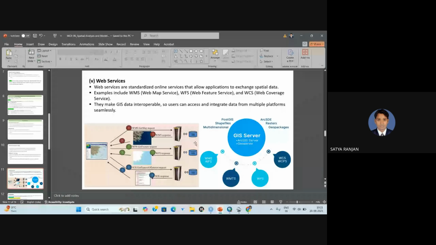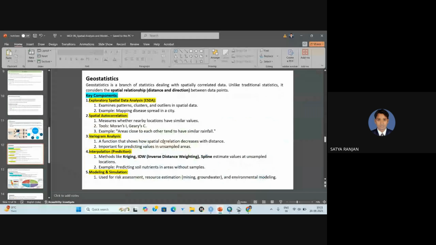This is the thing about the WebGIS. Then geostatistics. When the statistical analysis is based on the surface of Earth, or related to the Earth surface, then this methodology is called geostatistics.